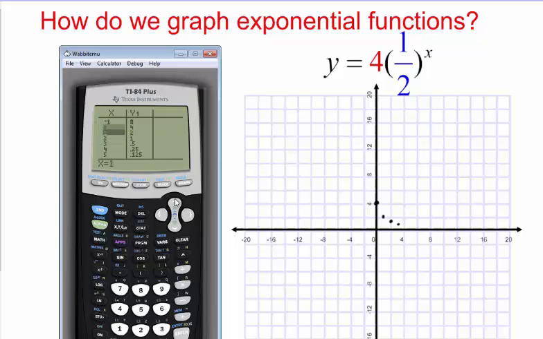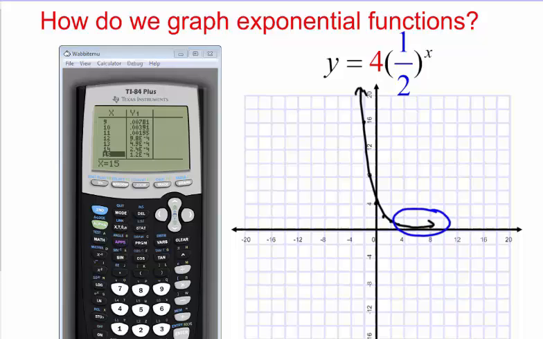With my negatives, I've got negative 1, 8, and negative 2, 16. So you can see that this graph is going downward. And again, just like the previous graph, everything over here keeps getting closer and closer to 0. But if I keep scrolling down more and more positive, it never actually gets to 0. It just keeps getting smaller and smaller.